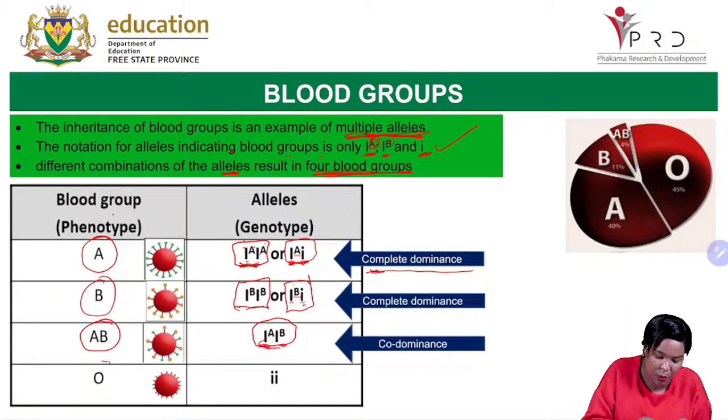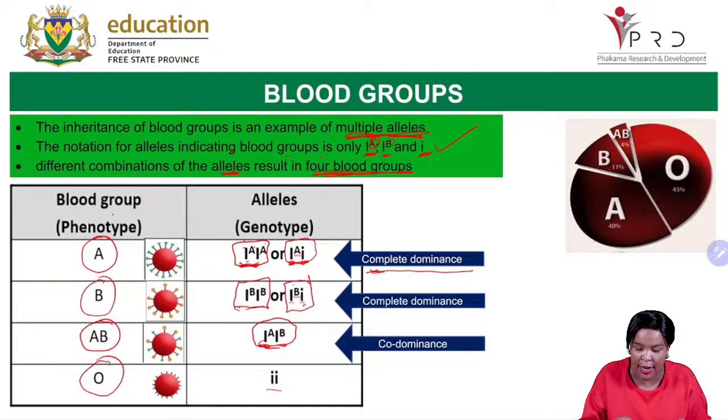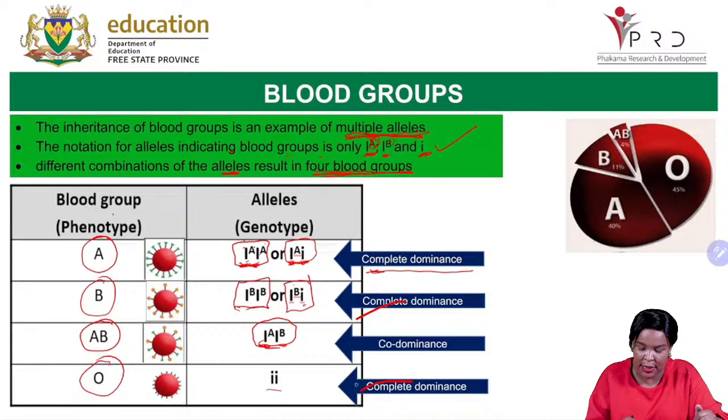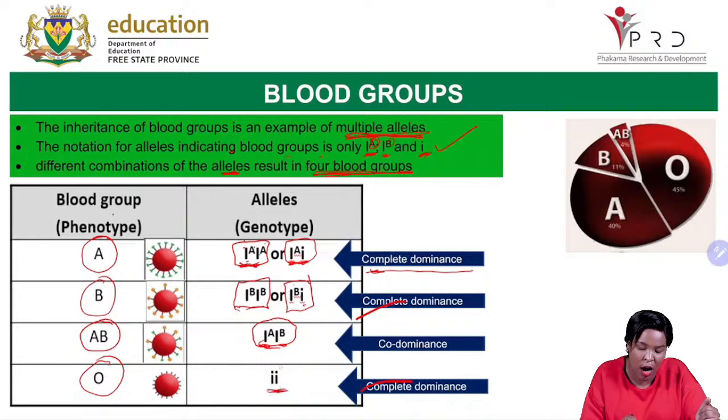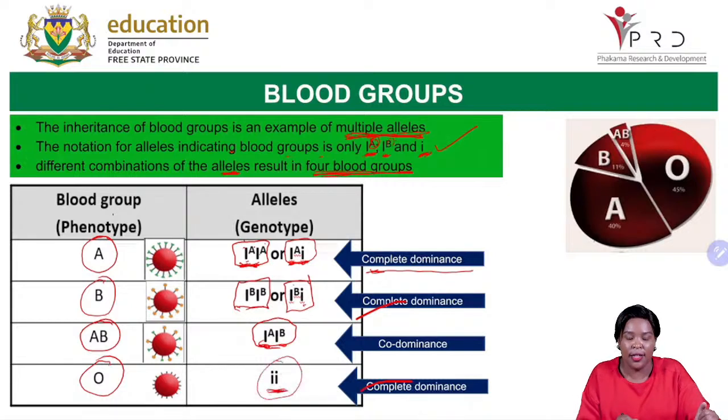And then for a person whose blood group is O, they are recessive. There's no one that is complete over the other. So this is how you are going to show the alleles for a person who has blood group O.